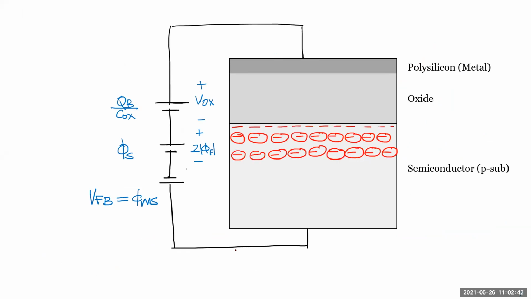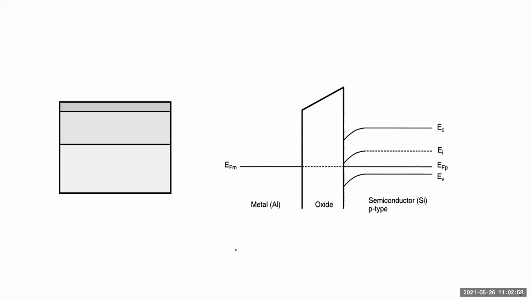Once you get to this voltage, you again get charge inversion, and this is by definition the threshold voltage. Plus you have some impurities you have to overcome as well, positive or negative depending on what kind of impurities they are. That's the definition of VT.